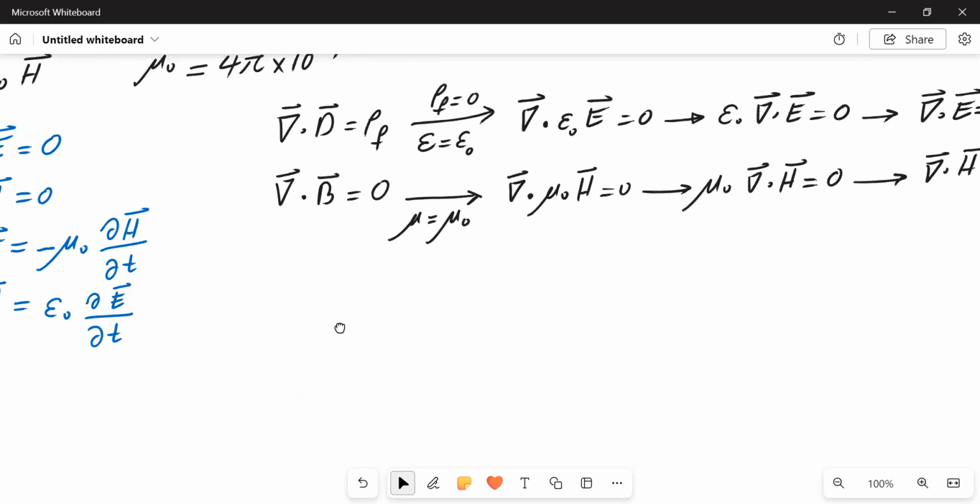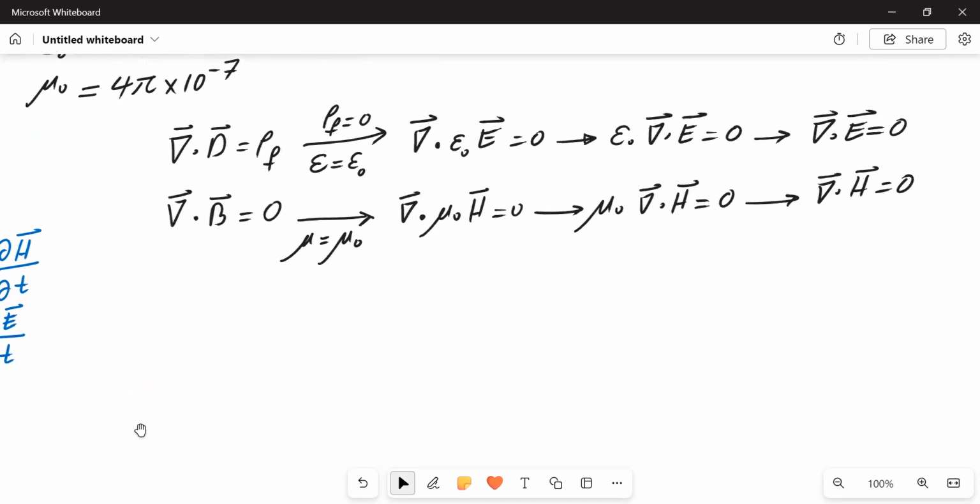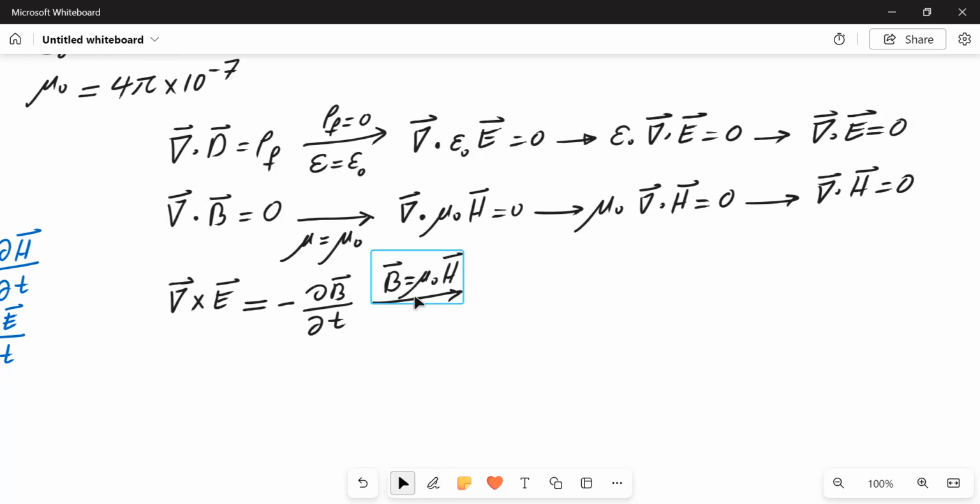The third equation, again, can be worked out starting from Faraday's law of electromagnetic induction. Curl of E is minus the partial time derivative of the magnetic induction. Again, in a region where we don't have any source and it's a linear region in free space, B is simply mu naught H, so I can write the curl of my electric field as minus the time derivative of mu naught times the magnetic field.